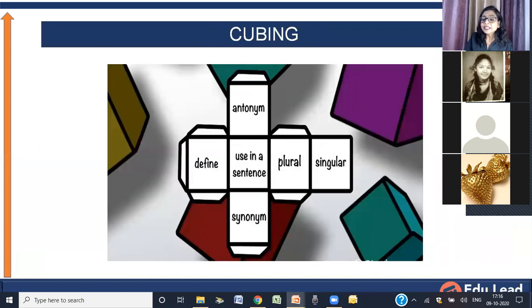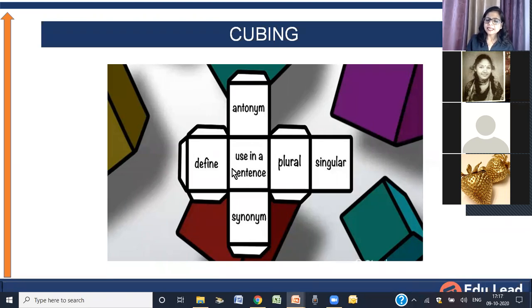Okay, the next one is cubing. You can see if we fold this, it will form a cube. Now, cubing is another activity in which differentiation can be done really well. You can make a mixed ability group, and give them this cube and keep providing words.